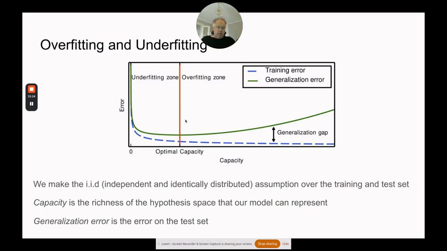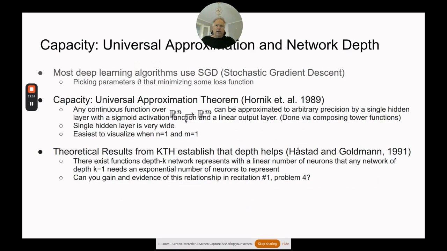However, in the case of neural networks, we have the universal approximation theorem. Most deep learning uses SGD, stochastic gradient descent, to adjust the weights of a neural network, theta, to minimize some loss function.